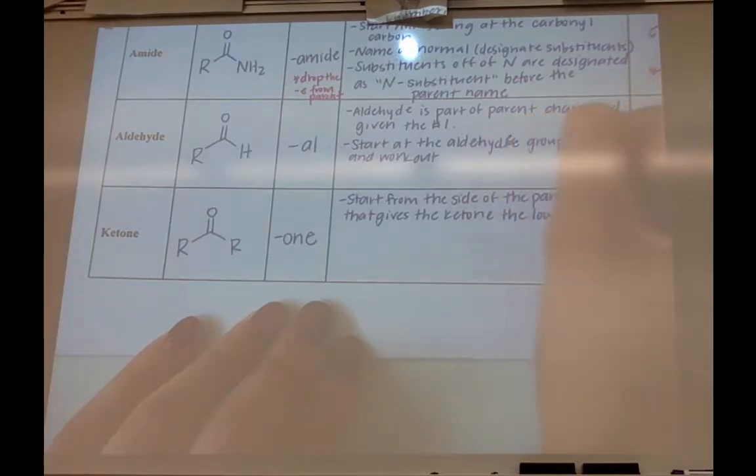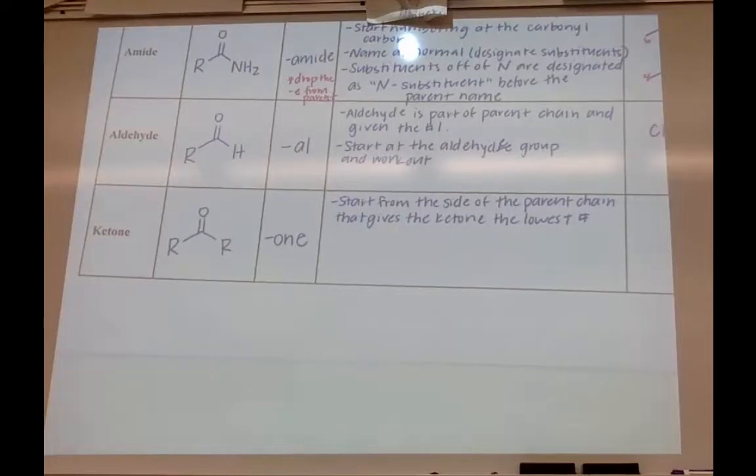So now we do have to look at which way is better to number. You need to make sure that you're giving the ketone the lowest possible number. If it's right in the middle, then you go to your substituents. What would give your substituents lower numbers?